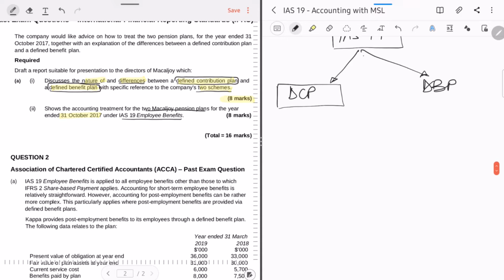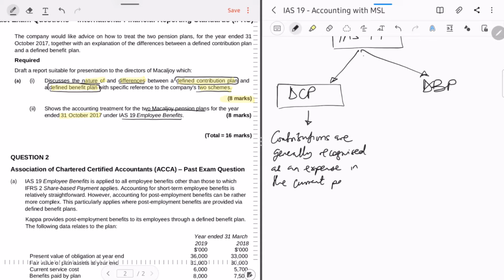Under this, we are saying that all current period costs, these are contributions, are generally recognized as an expense in the current period. That's it. So under this one, they are generally expensed to P&L, right?